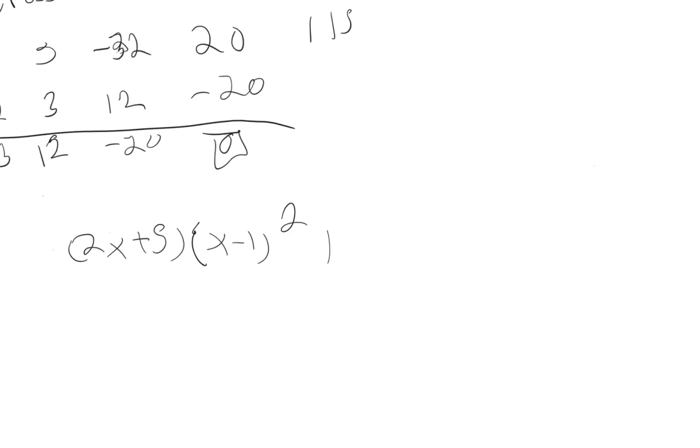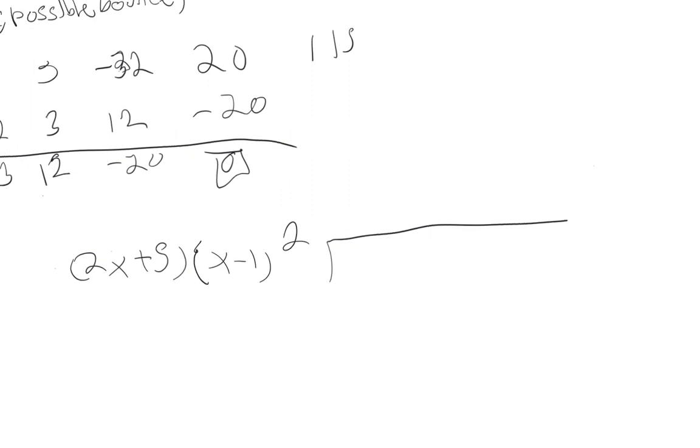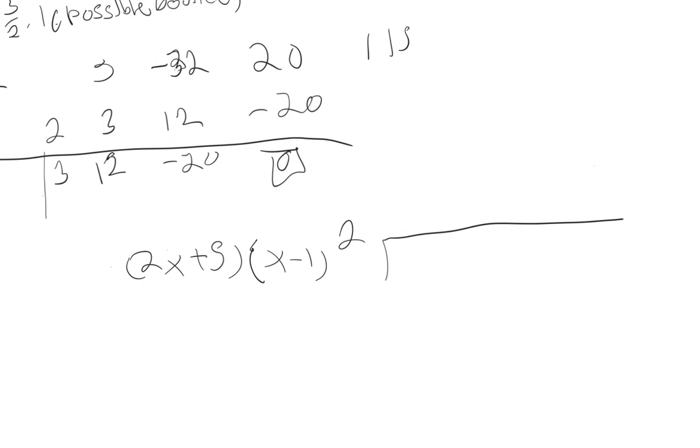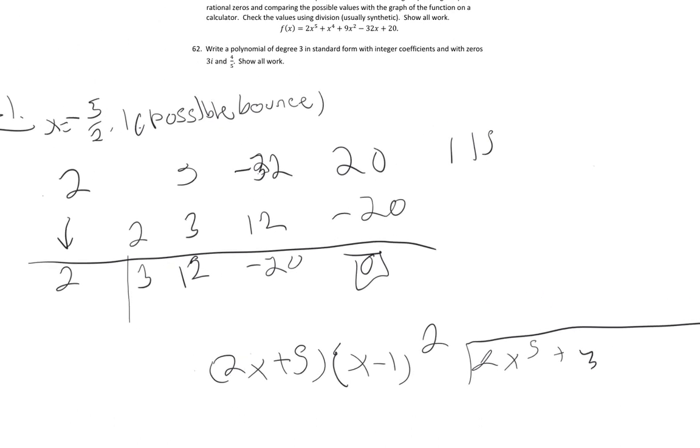So we're dividing this into our original, which was 2x to the 5th plus 3 plus 9x to the 4th. It's x to the 4th.